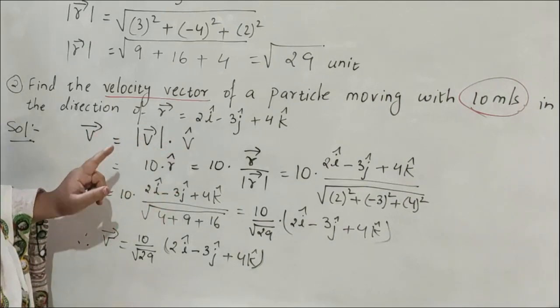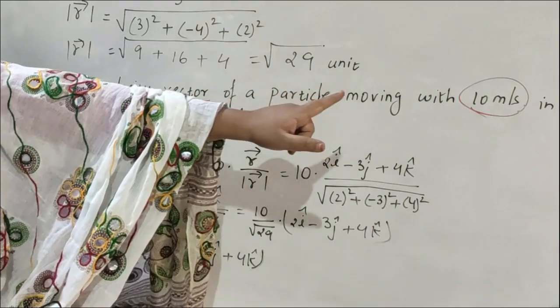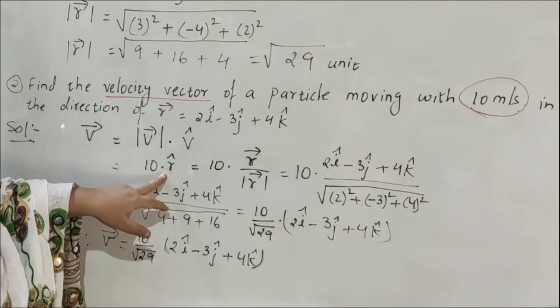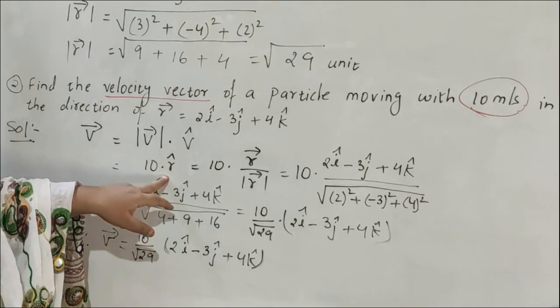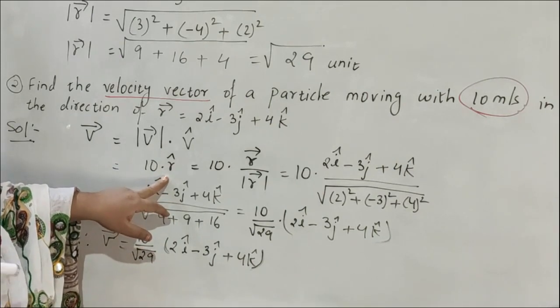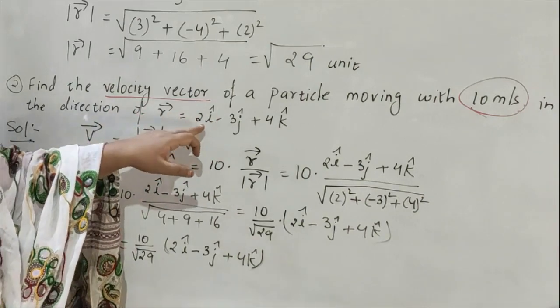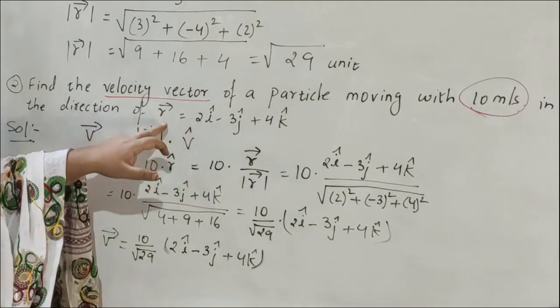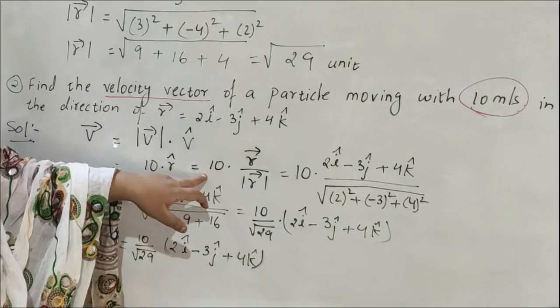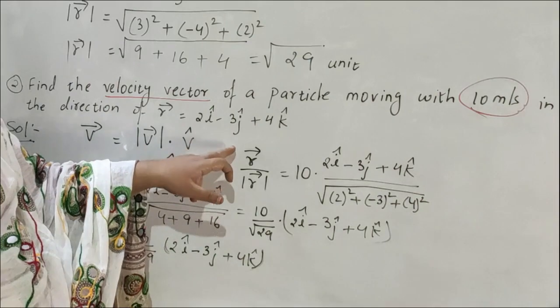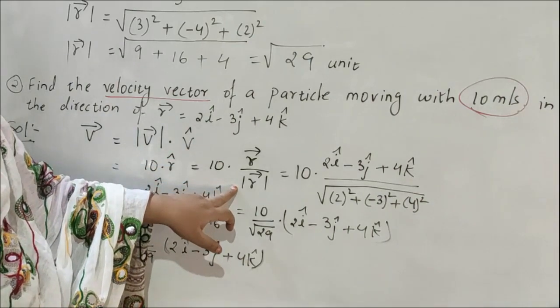Magnitude into direction. Magnitude is given already, 10 meter per second. So 10 into its direction. The particle is moving in the direction of r vector, so this is r vector given. The direction of r vector is r cap. So 10 into r cap. r cap equals r vector by magnitude of r vector.